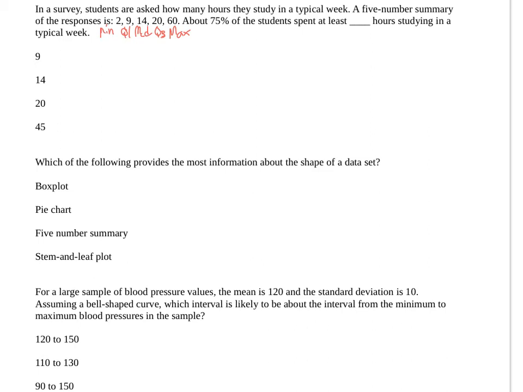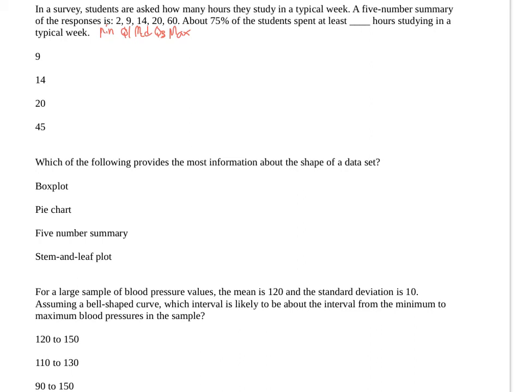Alrighty. Moving on. Which of the following provides the most information about the shape of a data set? Now remember, shape is what we were talking about before, where we have the skewed right, skewed left, the symmetric, the bimodal, that kind of thing. So which will give the most information about the shape of a data set?